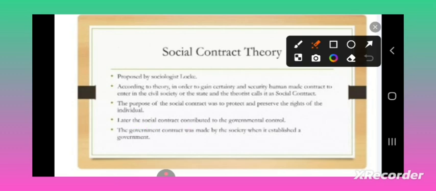Origin of the government: the government or state was created by the society when it established the contract.